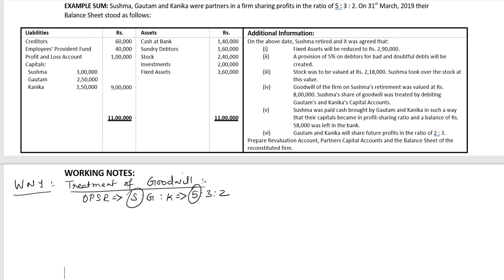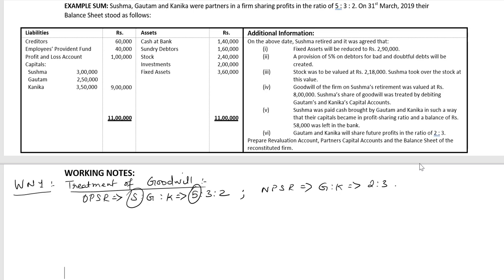Sushma is the partner who retires. New profit sharing ratio between Gautam and Kanika is given in the point 6. Gautam and Kanika will share future profits in the ratio of 2:3.